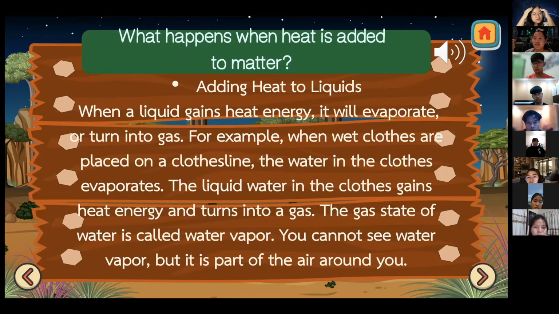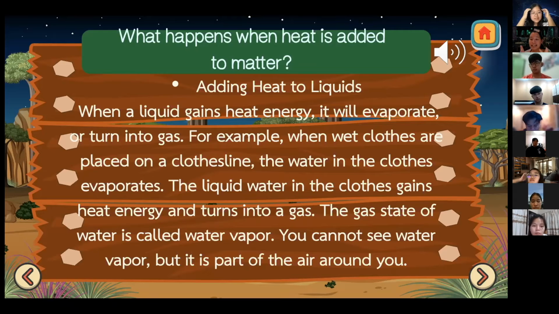And if the heat from the sun is gained, and the clothes gain enough heat energy, the water will evaporate to be water vapor.